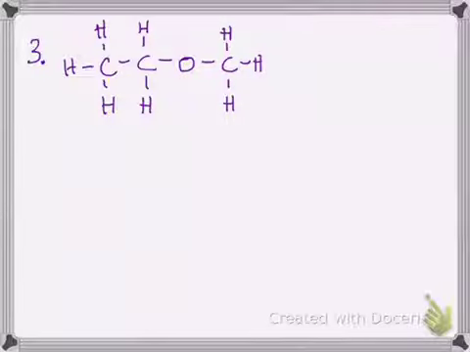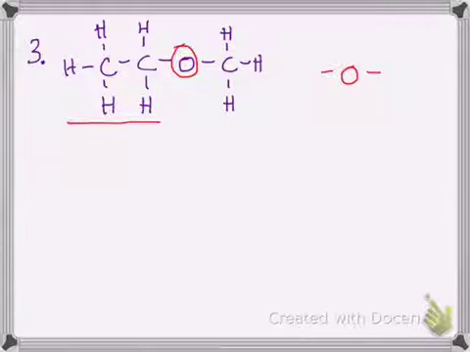So in this structure, I definitely see that oxygen right in the middle, and that's important. Again, if I see oxygens and nitrogens, I kind of key in on those, or if I see a carbonyl group, I key in. But I see this oxygen right here, and what's hanging on that oxygen? On one side, over here, it looks like a carbon chain. It looks like it has 2 carbons in it, some hydrogens hanging on it.